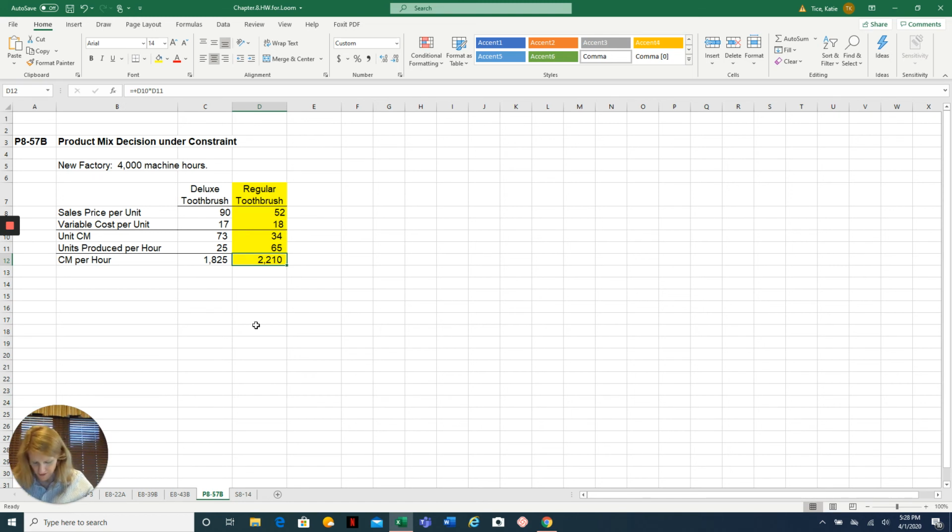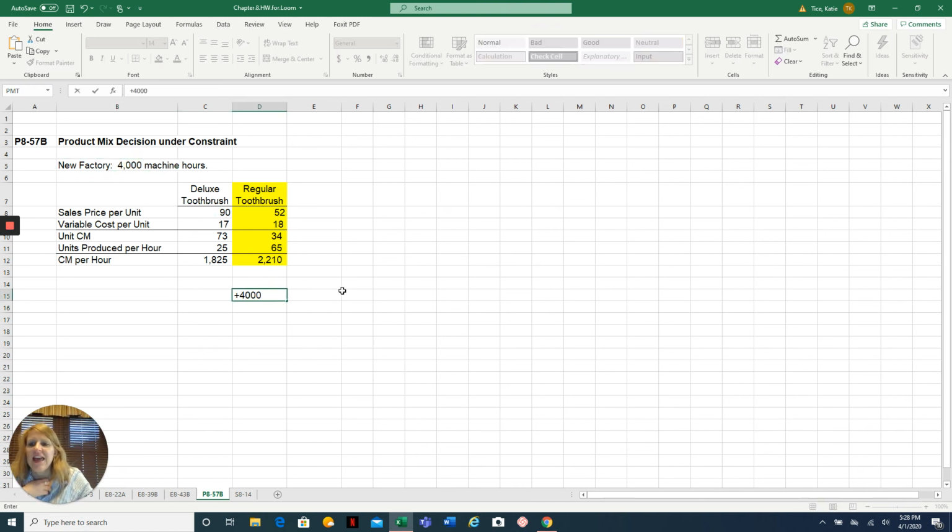So the wording on this one is a little bit different, but the thing that you'll notice on your multiple choice on the quizzes and the tests is it will typically ask how many of each unit should we produce. Well, we have 4,000 machine hours and we can produce 65 regular toothbrushes per hour.